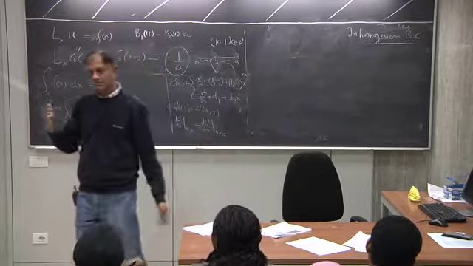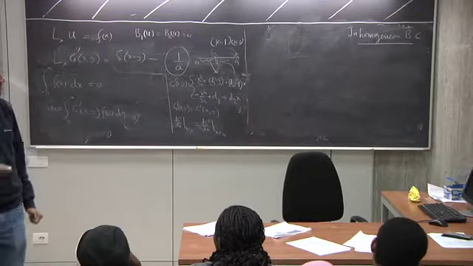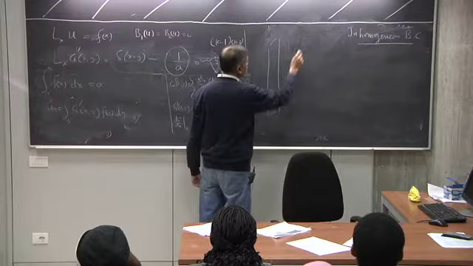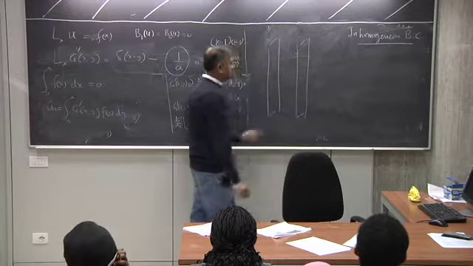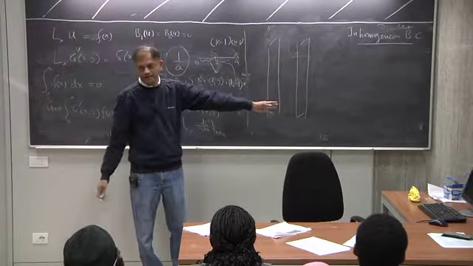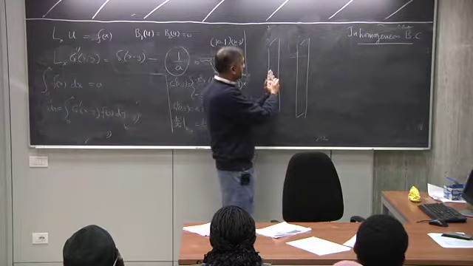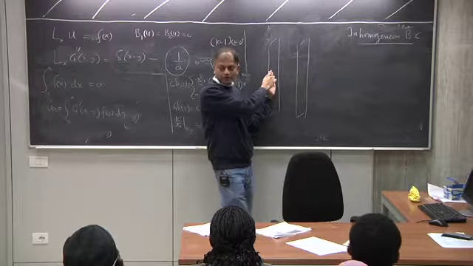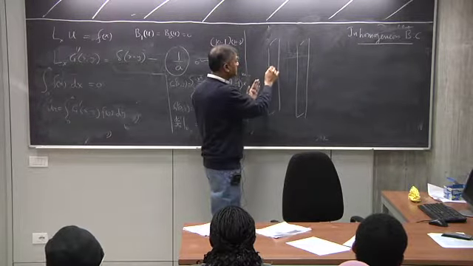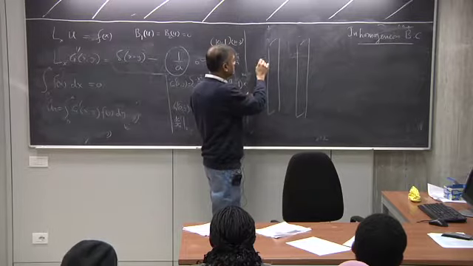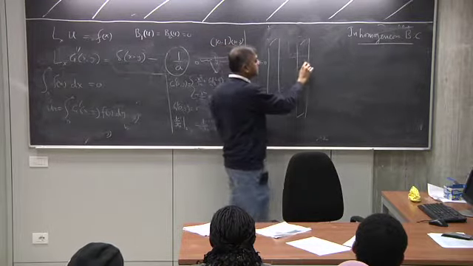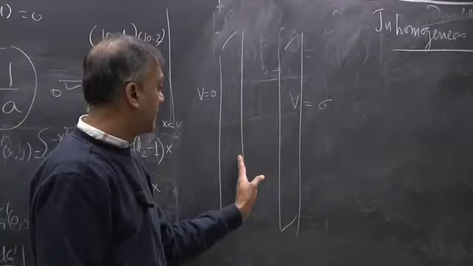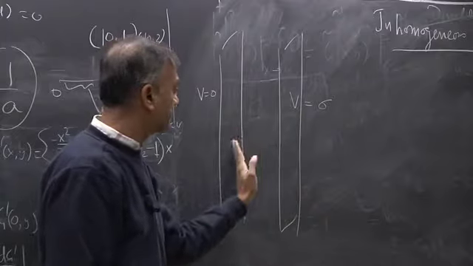For example, you may want to solve for two infinite conducting metal plates, where there is some electrostatic potential difference. So maybe here the potential V is equal to 0, and here V is equal to some sigma, and you want to solve for the potential in between.